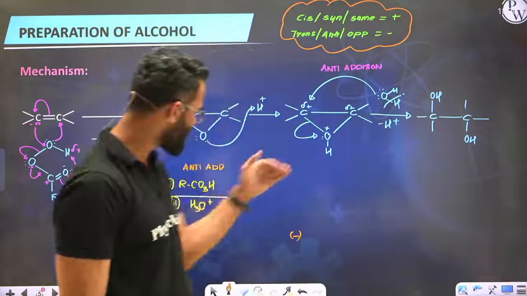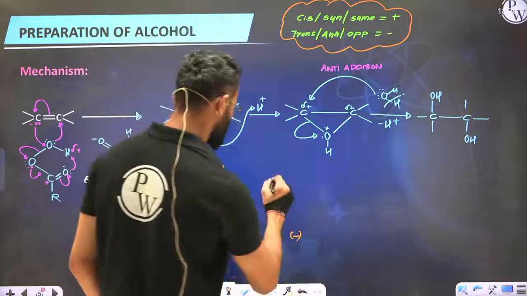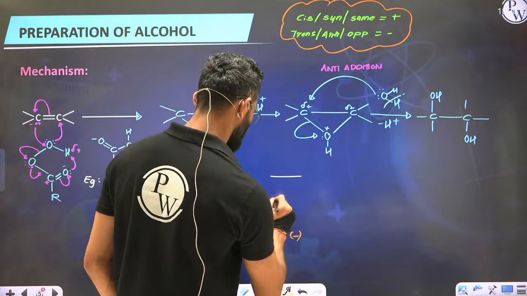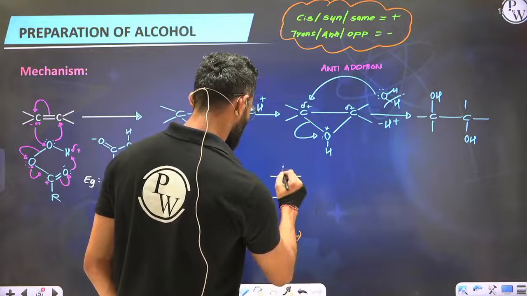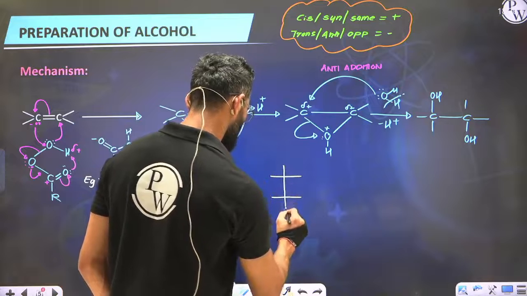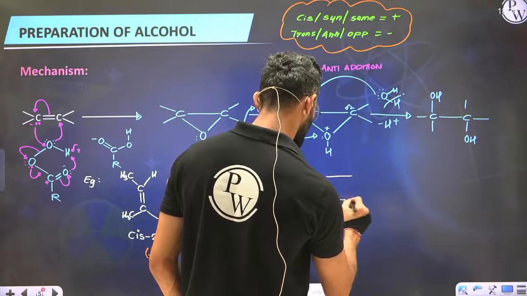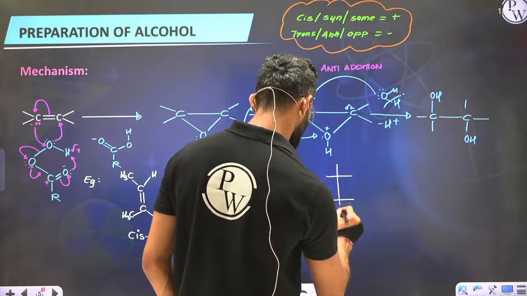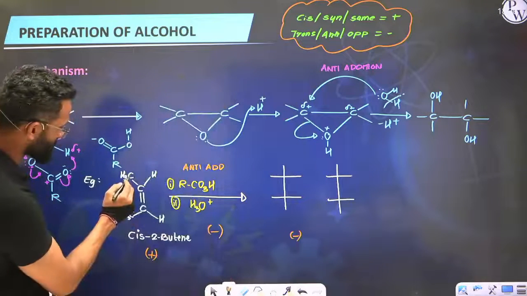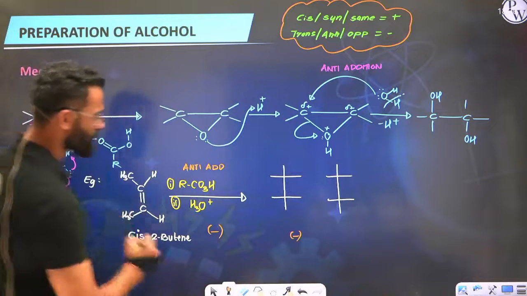So if I am writing the molecule in Fischer's projection, I will show it like that. Look. First carbon is methyl, second carbon carrying H, third carbon carrying H, and then fourth is also methyl.